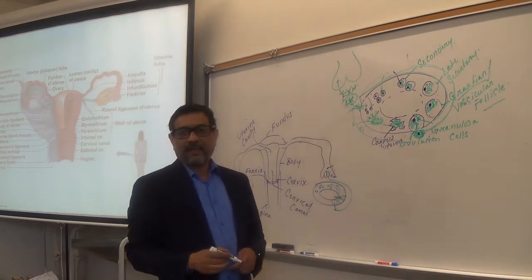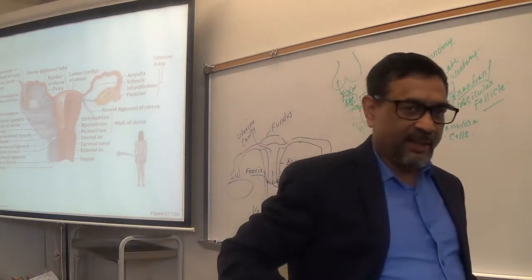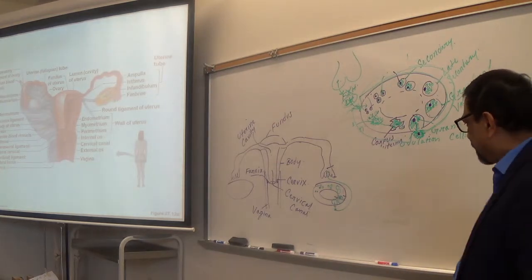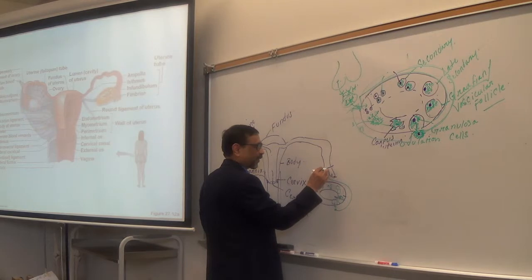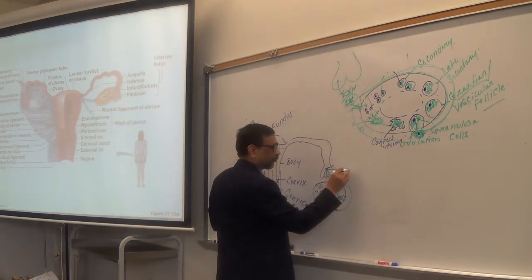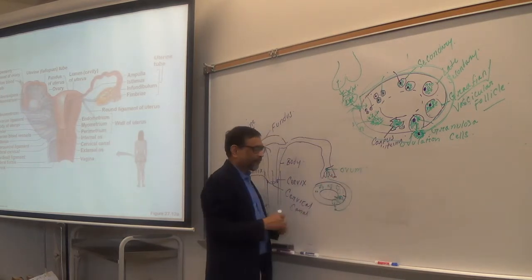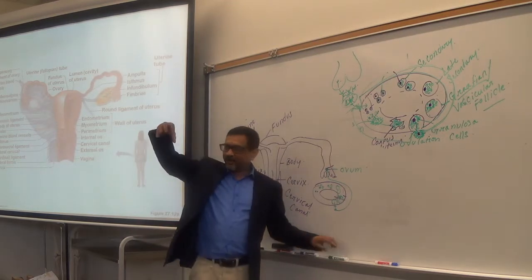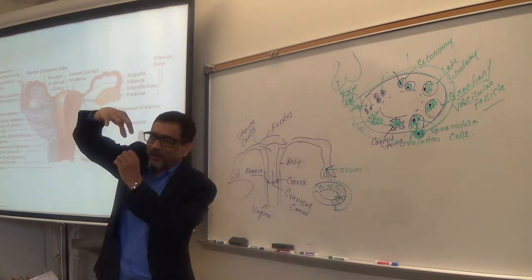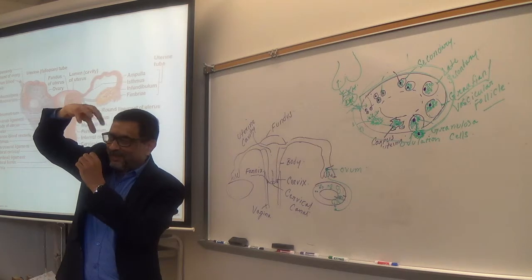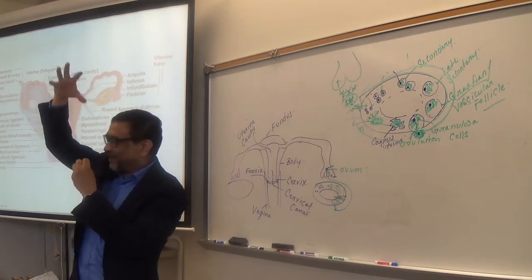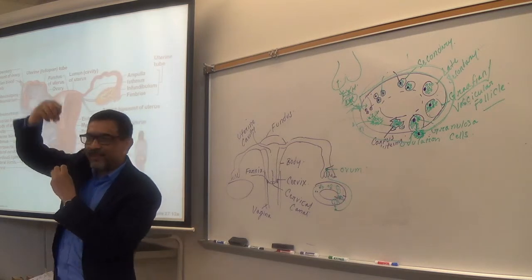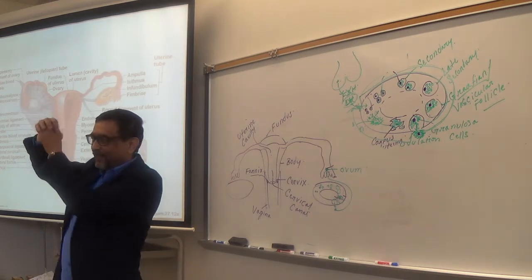So this is the egg or ovum. The fimbriae, the finger-like structures, are always moving like this, okay? And when the egg is released from the ovary, they will try to capture the egg and take it inside. Make sense?